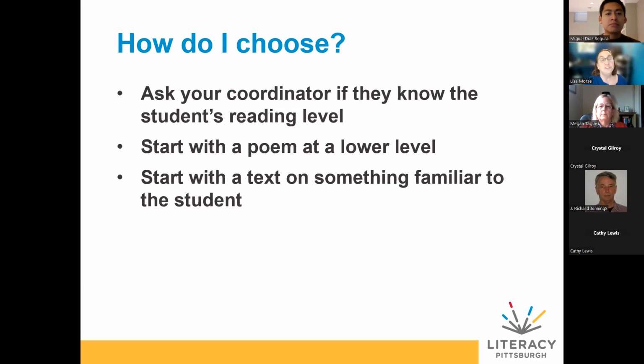If your student is an ESL level, we may not know what level they're reading at. In which case, start with a poem at a 3rd grade level. That is the lowest level that exists in CommonLit. And or start with a text on something that's familiar to the student. Both of those will make the text more accessible to the student.